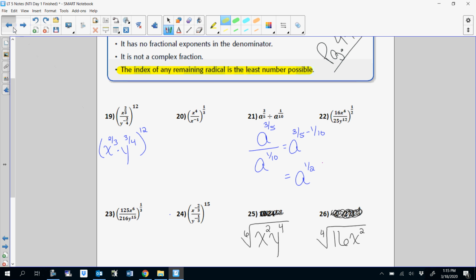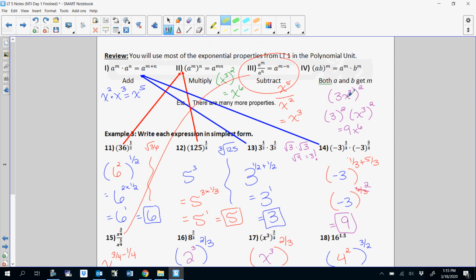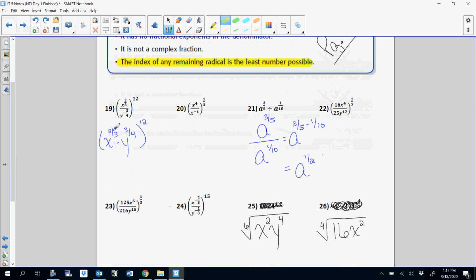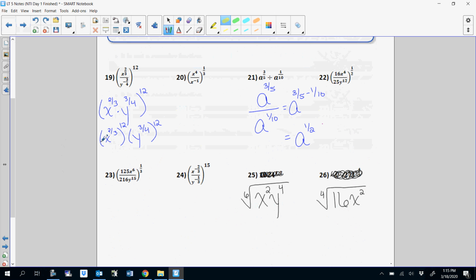Then the property kicks in that says if you have multiple things in parentheses, each item in the parentheses gets squared. Well, in this example, each item gets raised to the 12th. So that would look like this. x to the 2/3 gets raised to the 12th, and the y to the 3/4 gets raised to the 12th. Then your exponent raised to an exponent property kicks in, and you multiply those exponents.